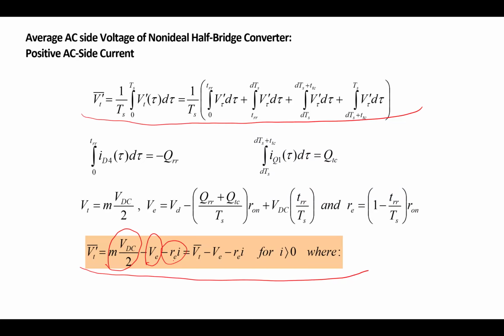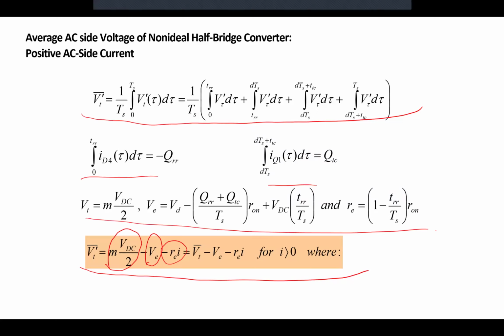Are we good? Any question about that? This is not complicated. I know you see a lot of integrals and formulas here, but if you read them, it's very simple. You can follow them. We just define the voltage drop, we define the resistance based on our formula to simplify it, and we have our non-ideal voltage.